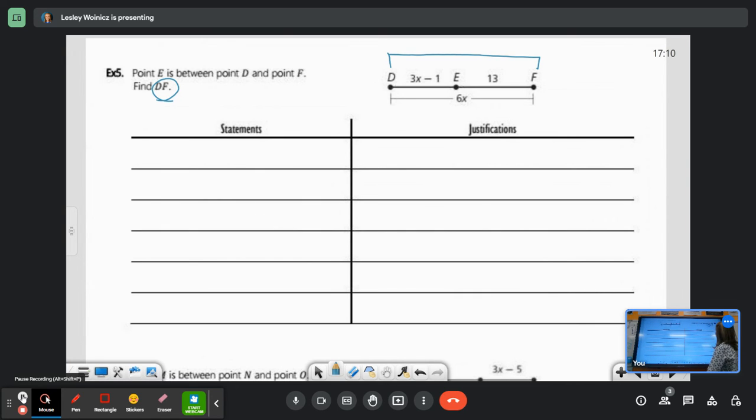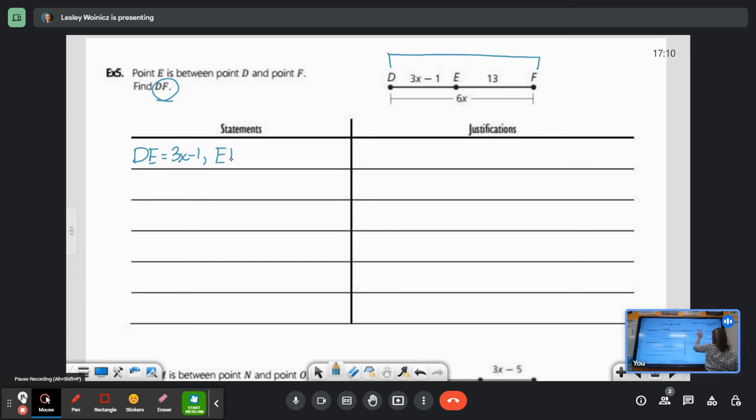I'll show you how. So the first thing we have to do is tell all of the stuff that we're given in the problem. So the first thing that we're told is DE. The measure of DE is equal to 3x minus 1. I just got that from the picture. The second thing we know is that the measure of EF is 13 from the picture.